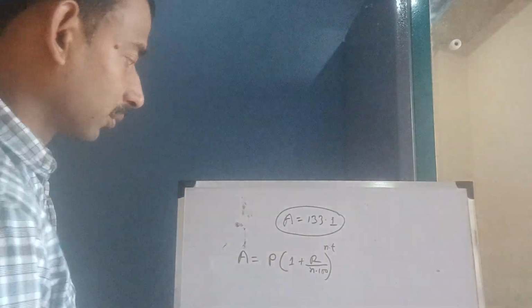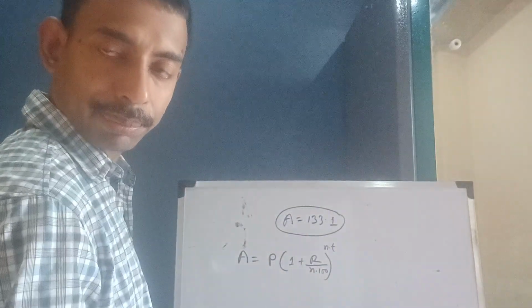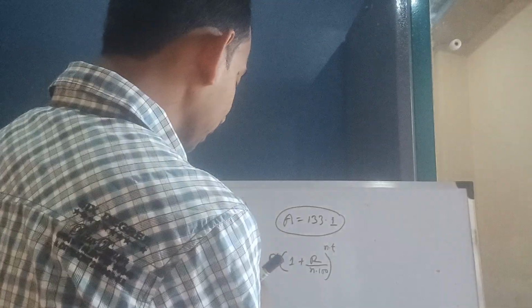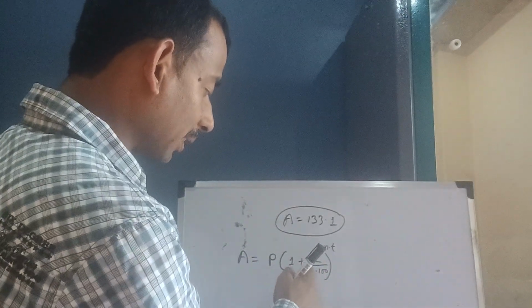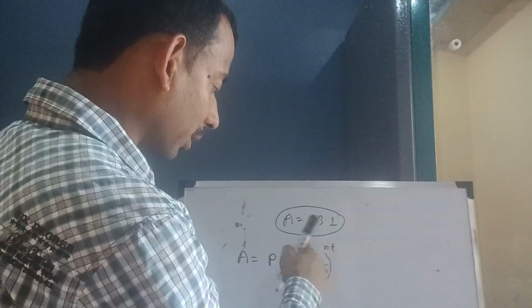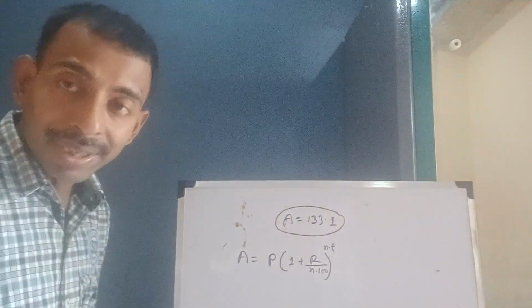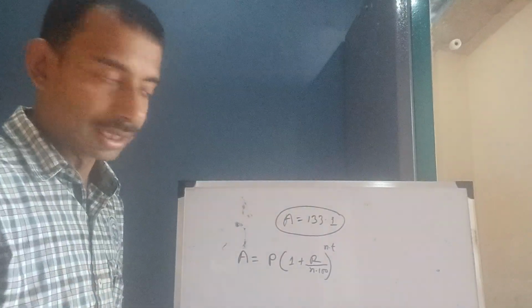Okay, total amount after a certain period in compound interest, by investing some principal, would be P into 1 plus R by N into 100, whole to the power N into T. What is N? How many times you compound it in a year.